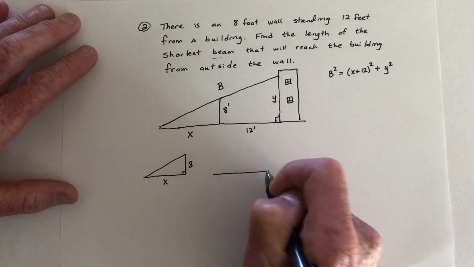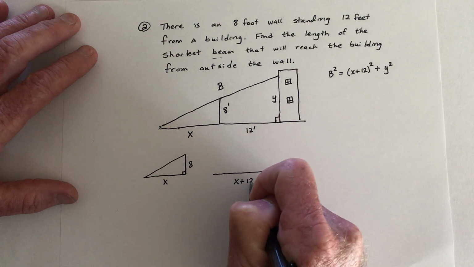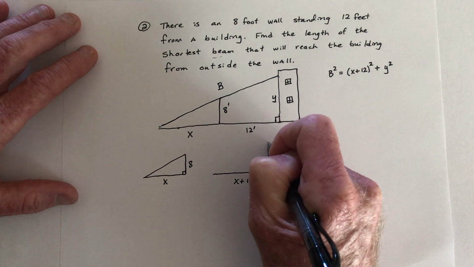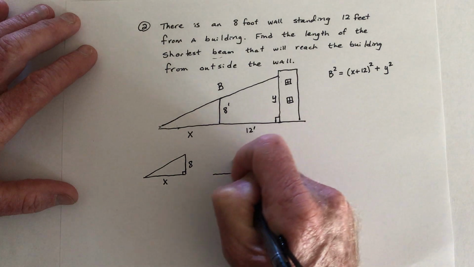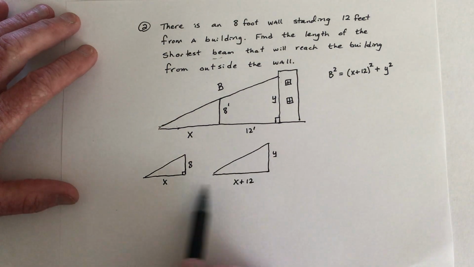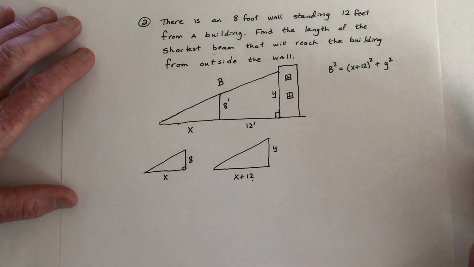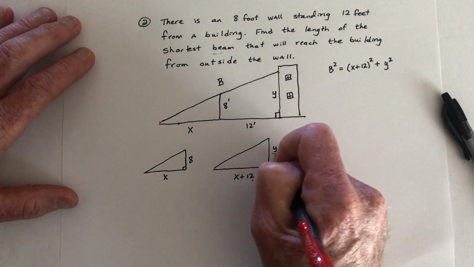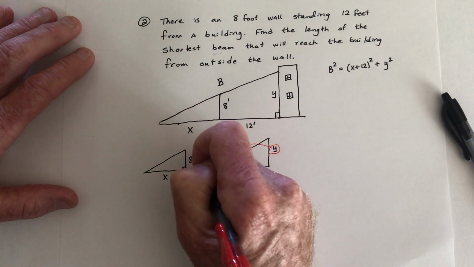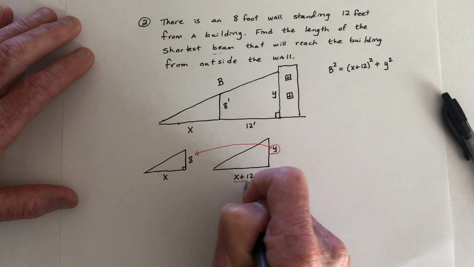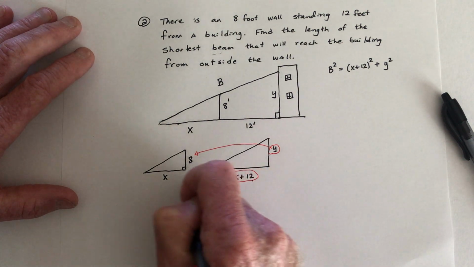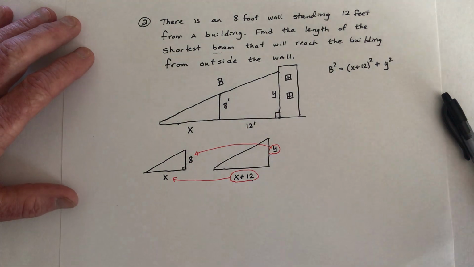Along the bottom is x plus 12 and going up is y. So these are called similar triangles, and that means I can set up a proportion. I can go y divided by 8 will equal x plus 12 divided by x.